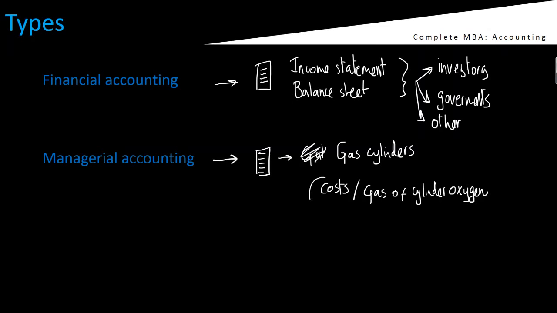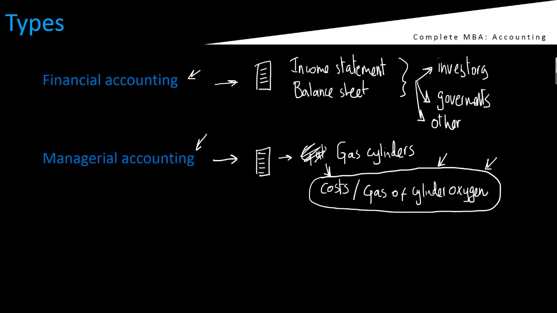You can see that this is very special to that kind of industry and maybe only to that kind of company. So accountants in managerial accounting try to tailor their summaries to whatever the managers want, and these tailor-made summaries cannot be standardized. That is the difference, standardized and not standardized.